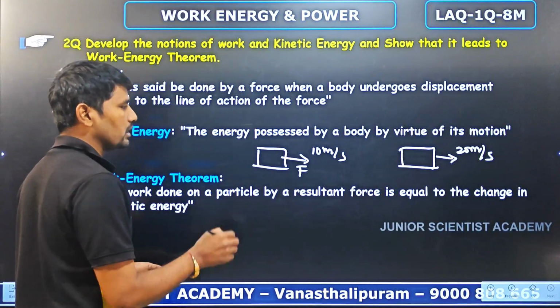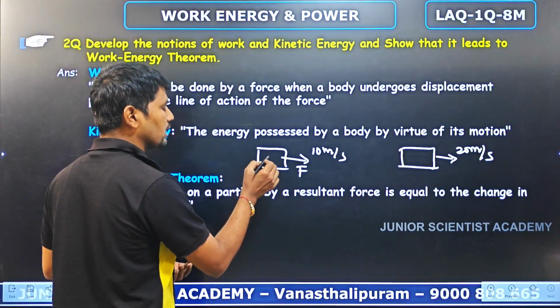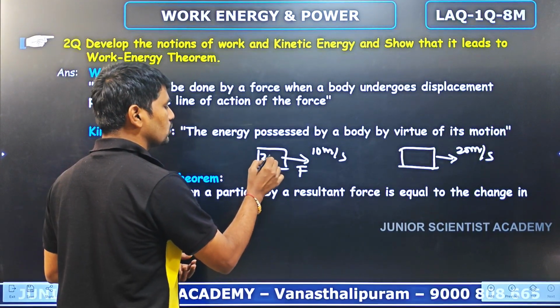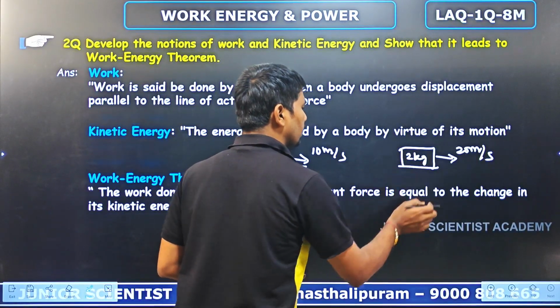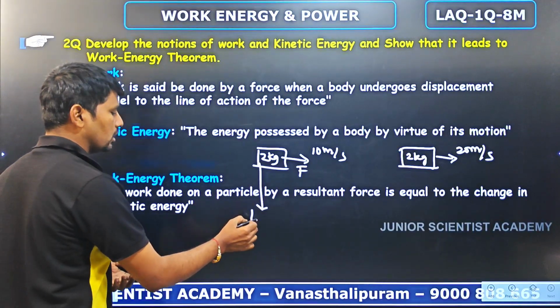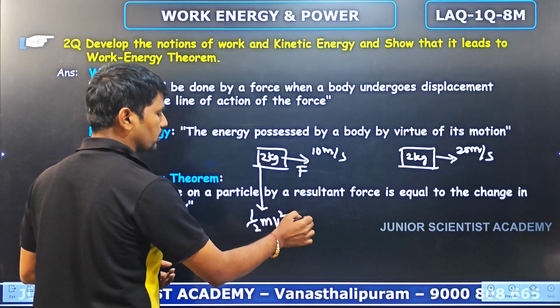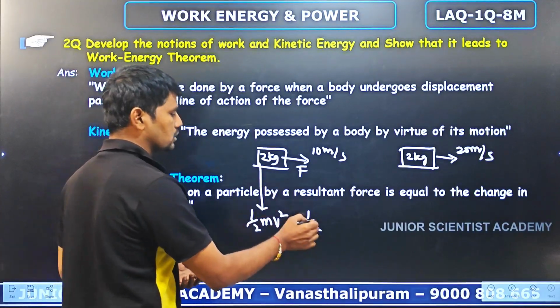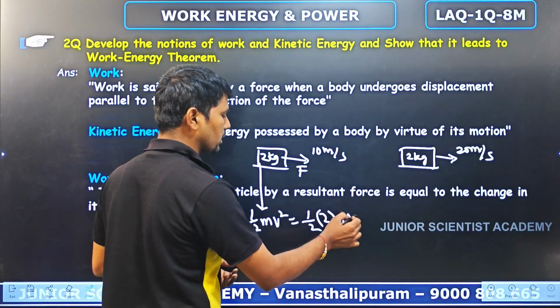For better understanding, let me explain with the help of masses. For example, this is a 2 kg body, this is also a 2 kg body. What is the kinetic energy for this body? Half mv square: 1 by 2 into mass 2 kg, velocity square, 10 square is 100.